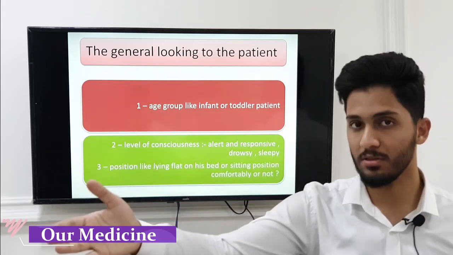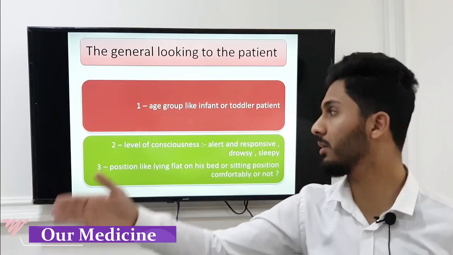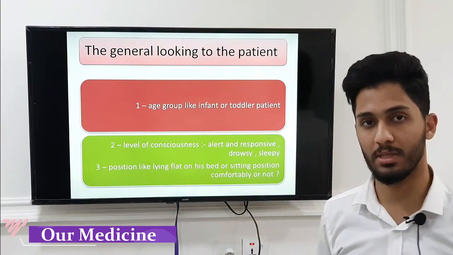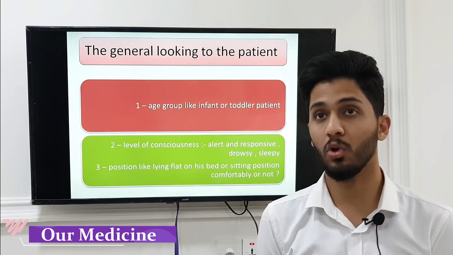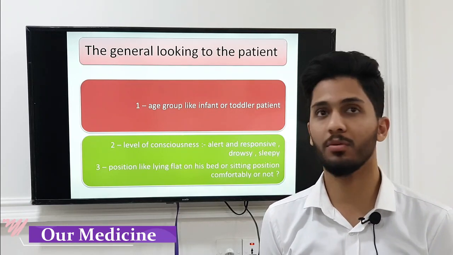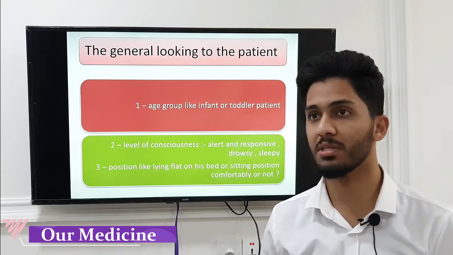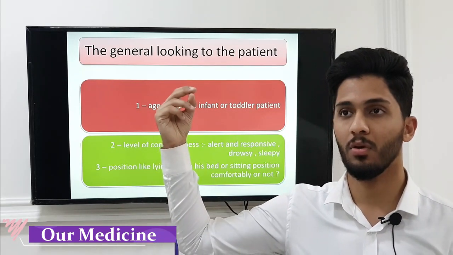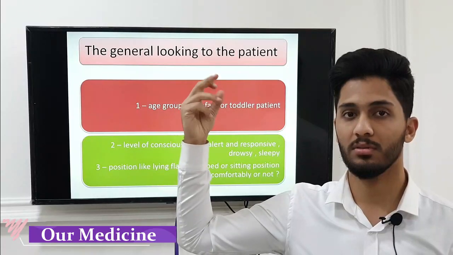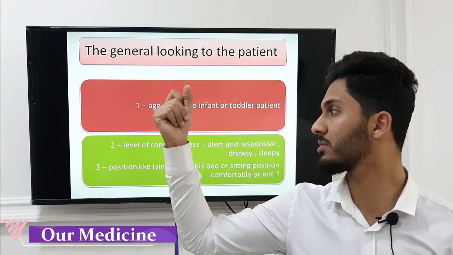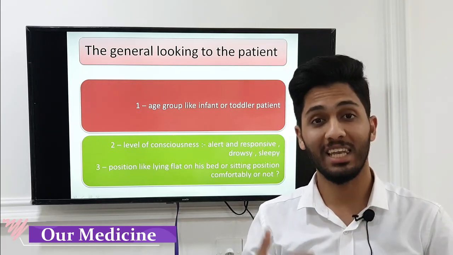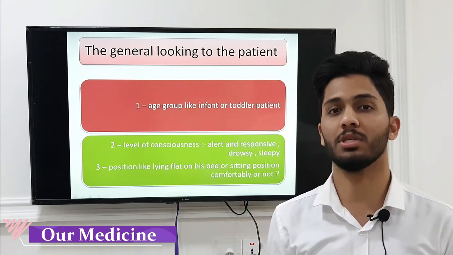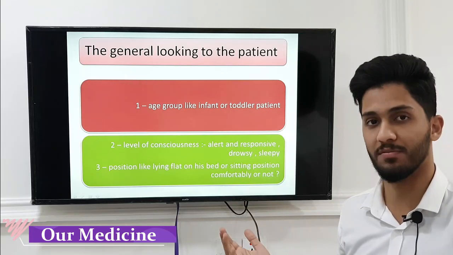You say infant or toddler patient, then the level of consciousness. The baby is calm and looks toward the environment, looks toward this noise. For example, like this, when you take this, the baby looks. You do this, the baby also looks. This is alert, which means the level of consciousness is alert and responsive.